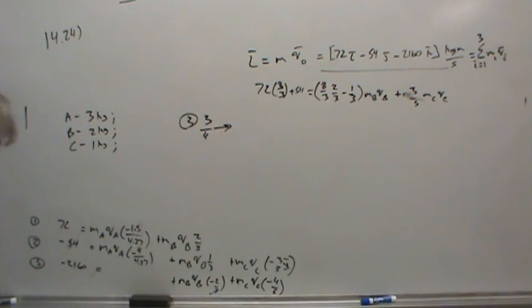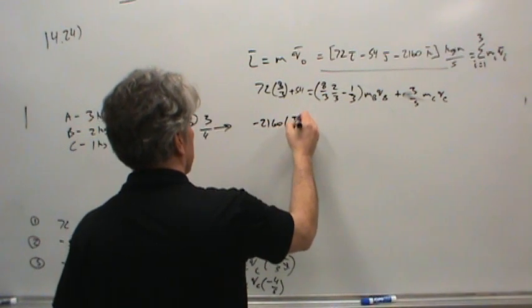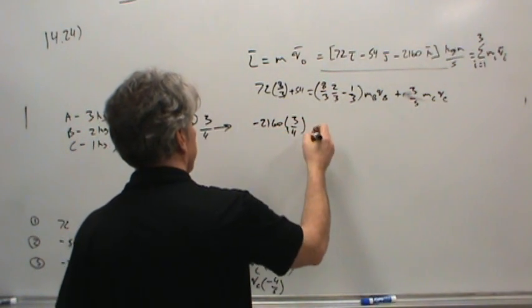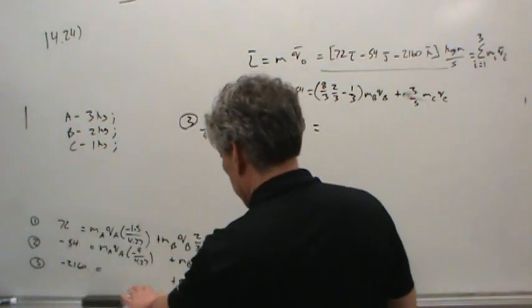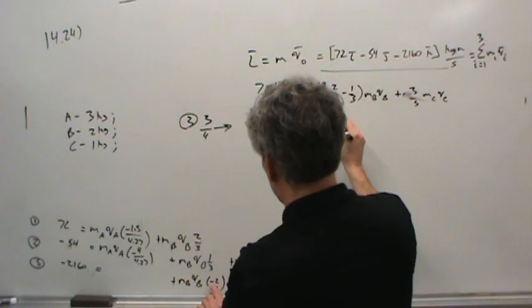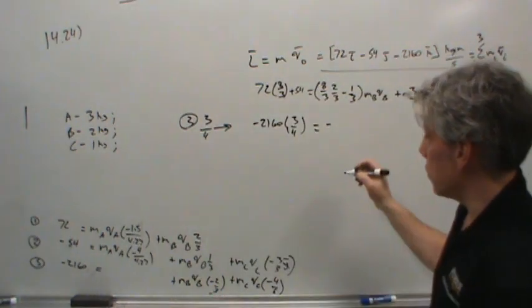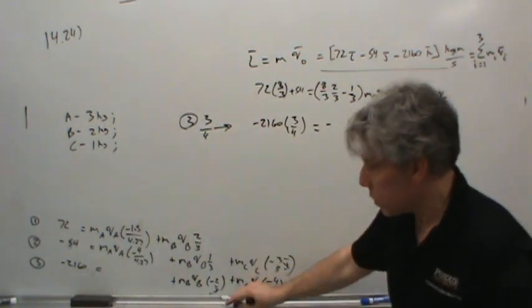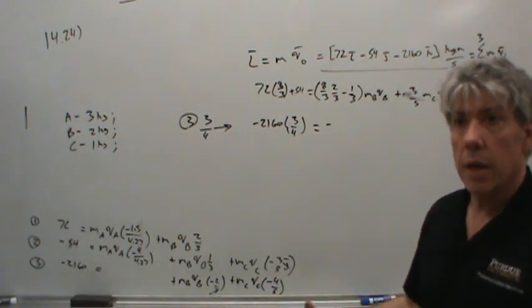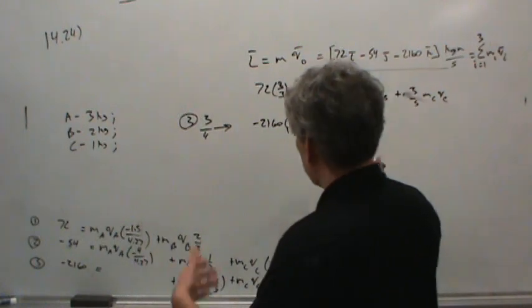Okay? So 3/4, well, that's negative 2160 times 3/4 equals, I need 3/4 here. This is a negative sign. I'm going to pull it out. And here's something that most students would try to do. They try to figure out what the result is from 3/4 and 2/3, which you could do, but why bother? Why use your brain power doing that? Why not just let the paper do the work?